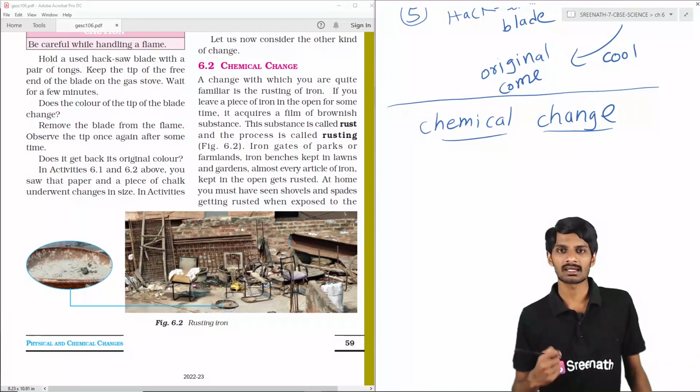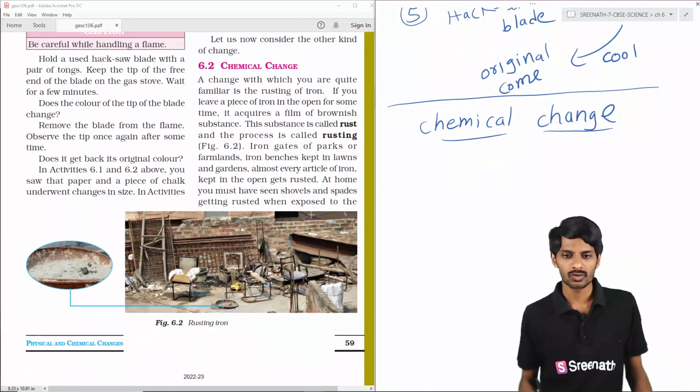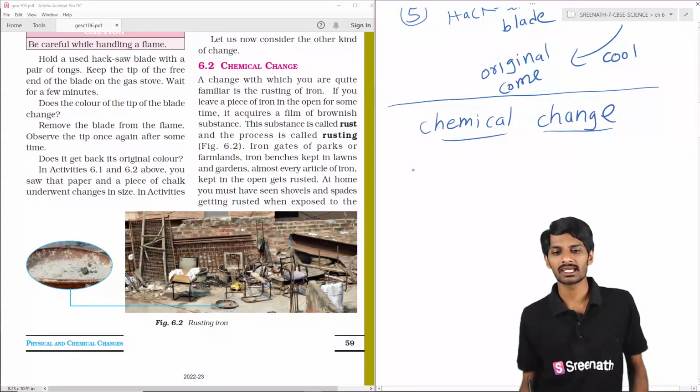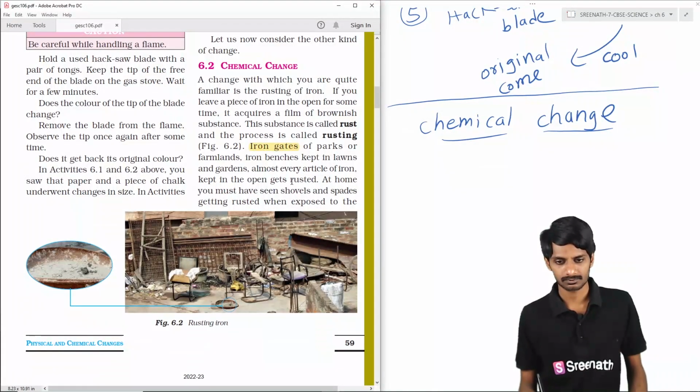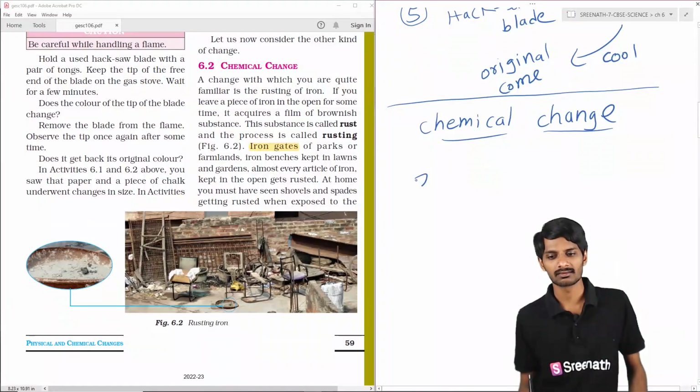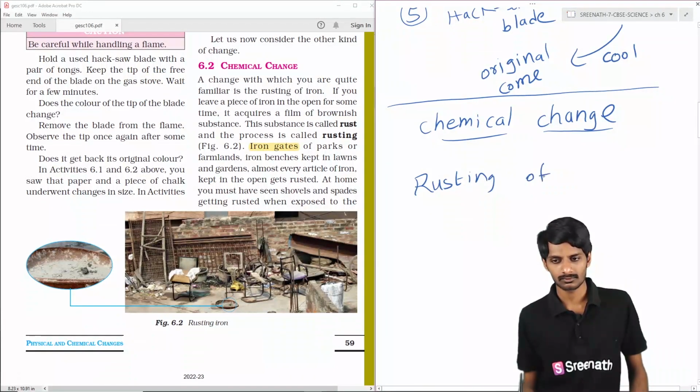This is called rusting. Okay students, so the rusting of iron is a chemical change. We will see iron gates get rust.